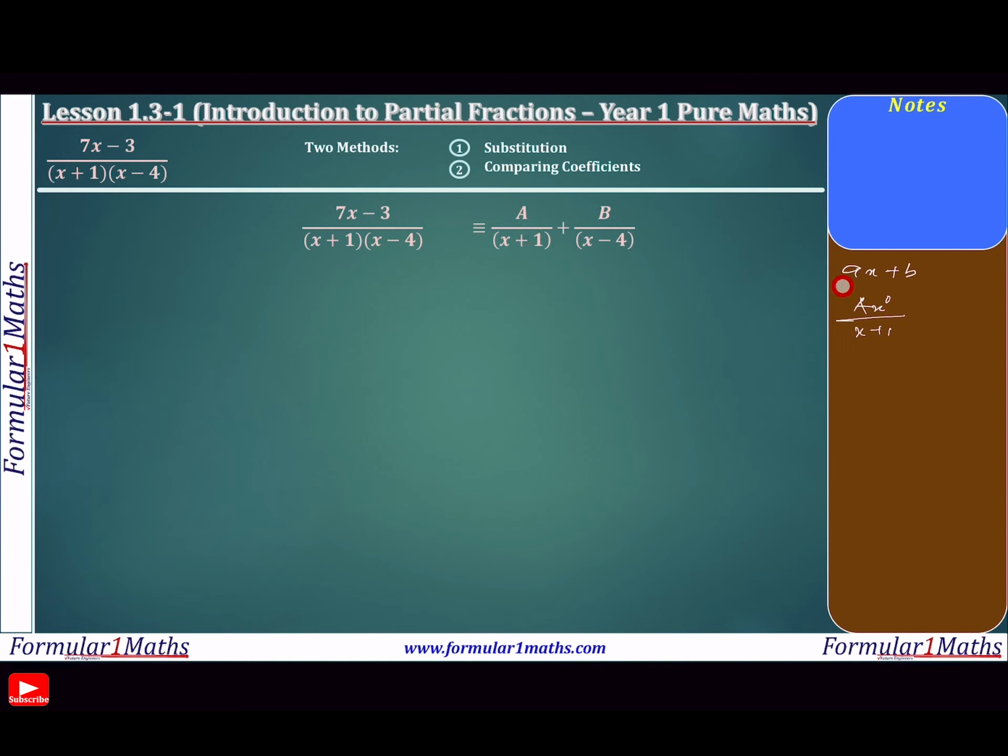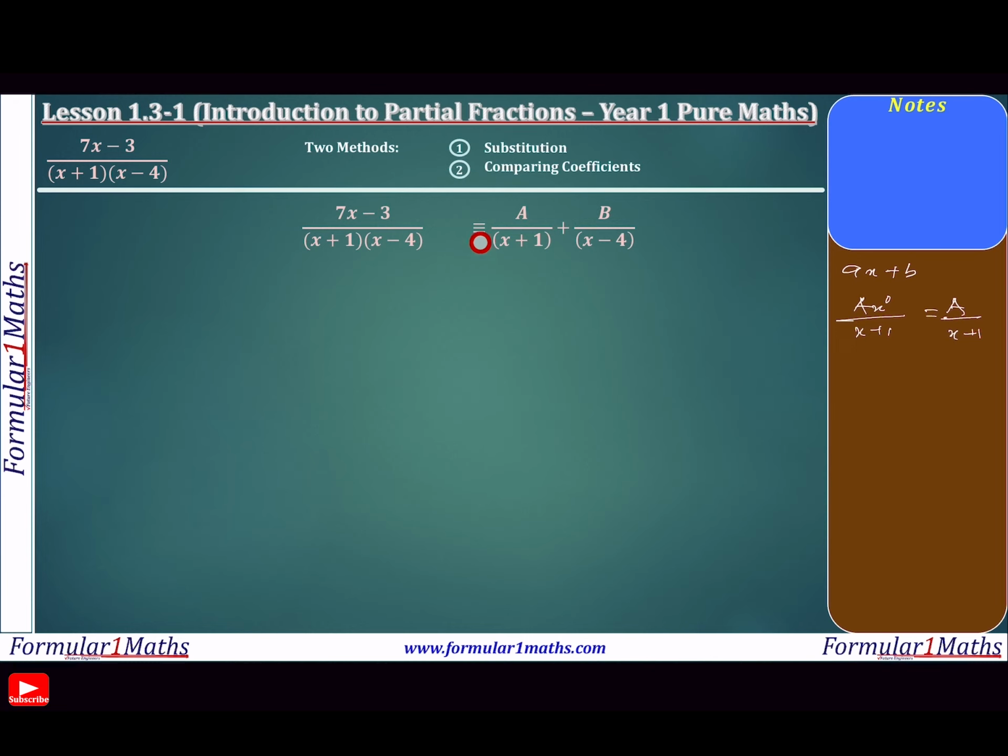But because x to the power 0 is 1, this is the same as a over x + 1. And that guarantees that this is a proper fraction, and that is also a proper fraction because the degree of the x here is 1 less than the degree of the x here. And so please note that the two fractions must be proper fractions.